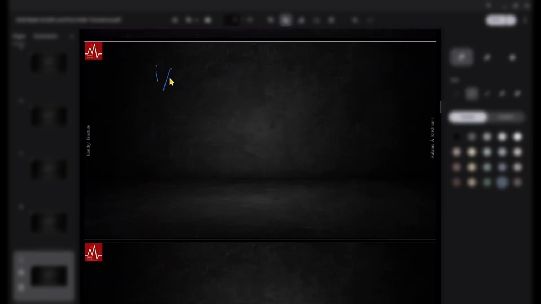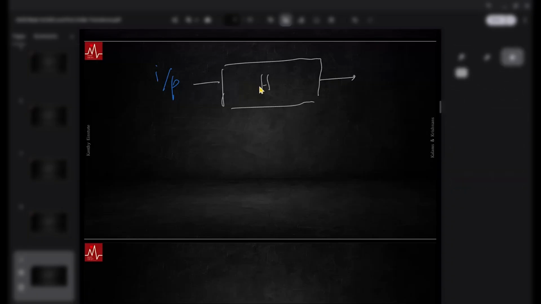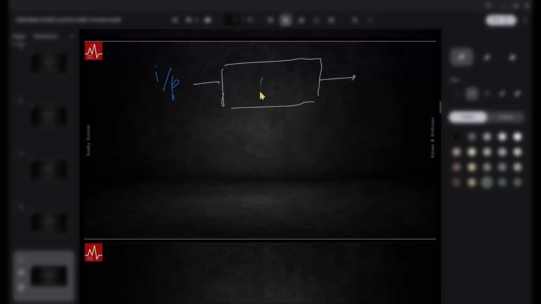So what this means is your input goes to a system with a transfer function H of s, and what you get is the output.